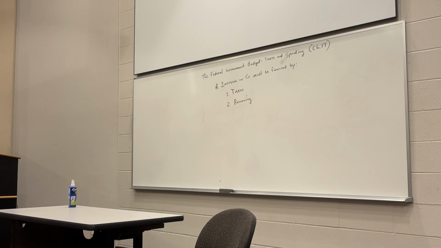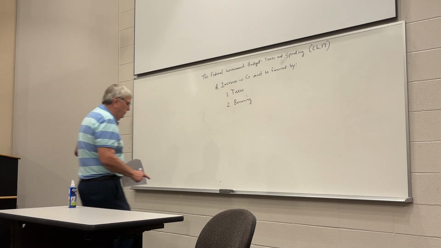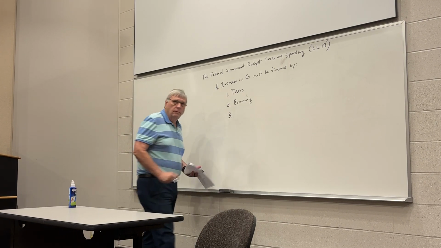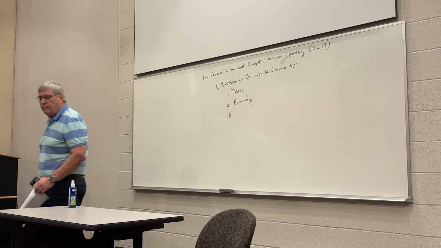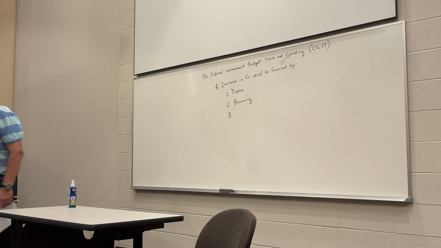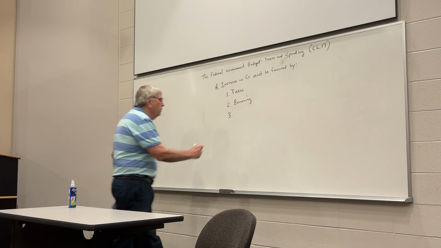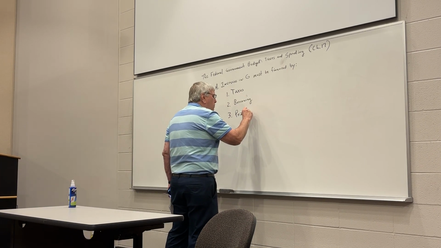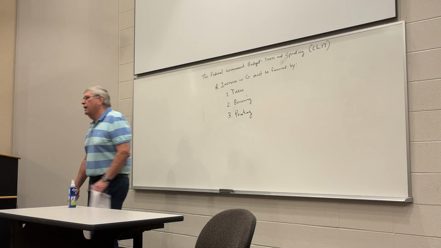And what's the third way they can do it? They can just print the money. Now, that's basically the three ways the government can get money.